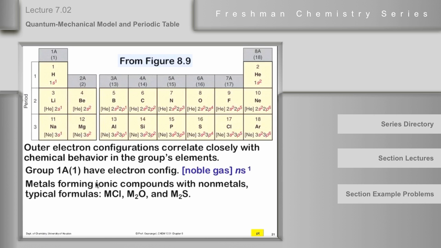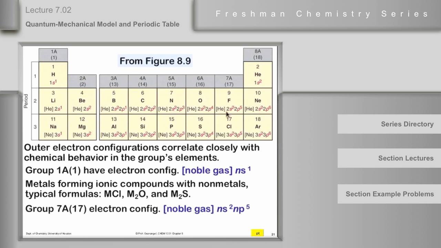So that would mean for M being the requisite element here, we would see for these 1A elements things like sodium chloride, metal with one metal cation, chloride anion, or M2O, or M2S. The loss of one electron is one of the things that you expect for this. It's the main feature of the chemistry of these elements.